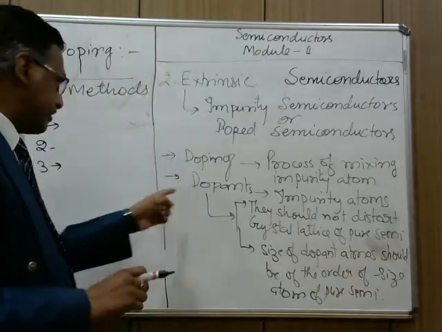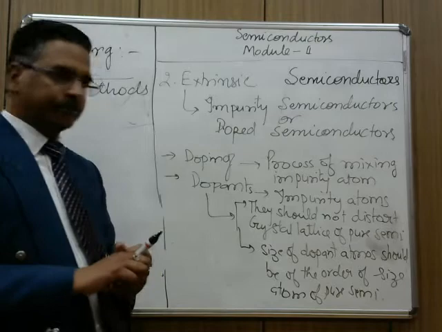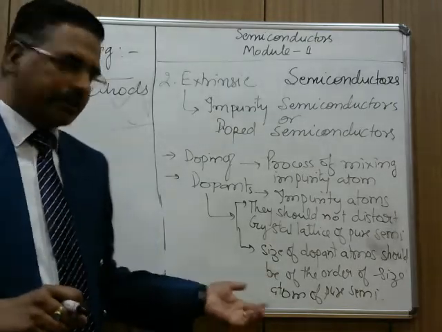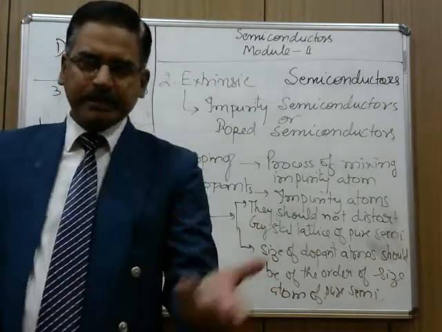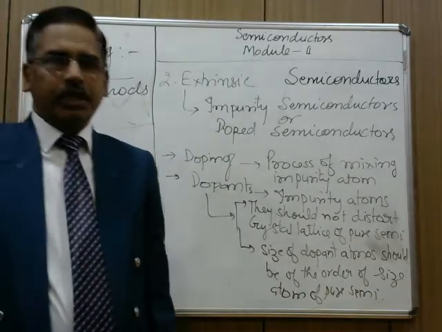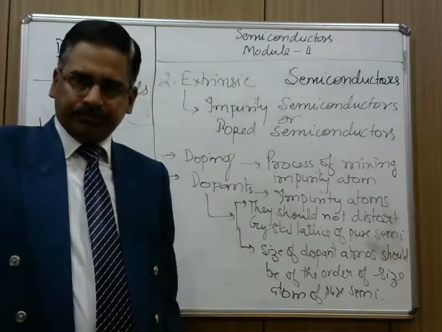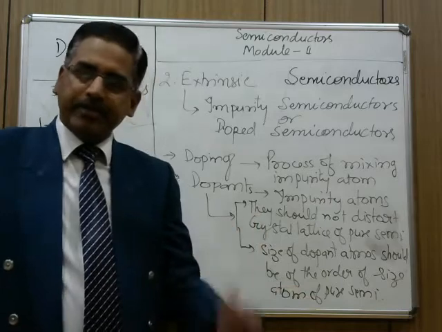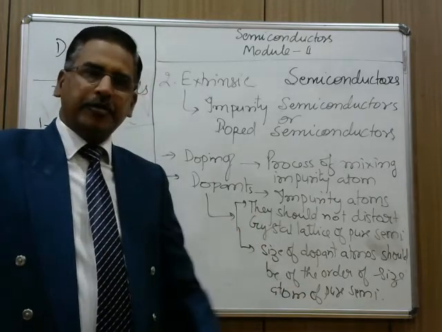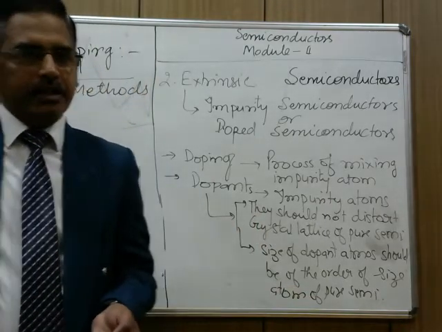Now, on this basis, again I am coming to dopants. As I told you, the second condition fulfills the first. If the size of the dopant is equal to the size of the atom of the pure semiconductor, then it will easily fit itself in the crystal lattice.